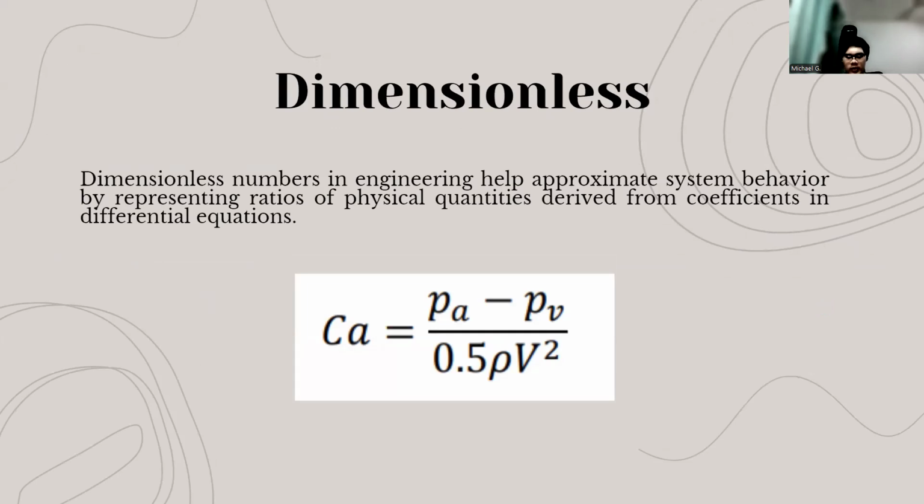For example, by this formula, the dimensionless parameter describing flow including boiling is called the cavitation number, where PA is ambient pressure, PV is vapor pressure, rho is density, and V is the fluid velocity.